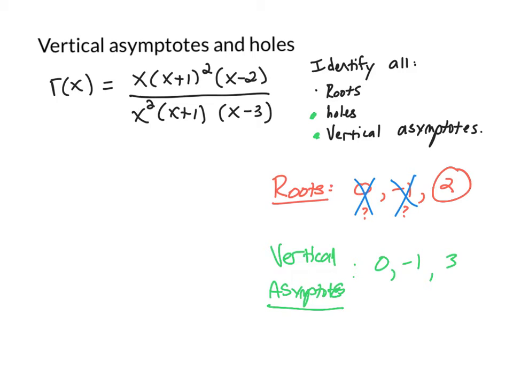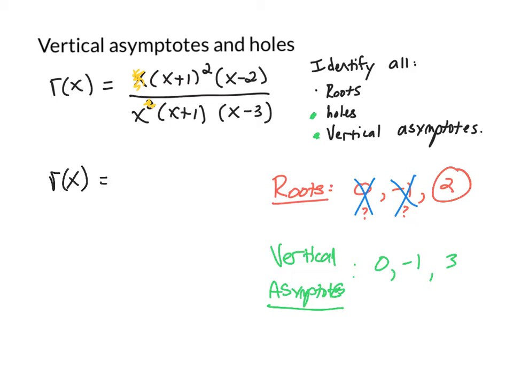So what I'm going to do next is take my function r of x and look at the reduced form. I'm going to come up here and start canceling out things that are in common. This x term cancels out with one of these x terms down here, leaving just an x in my denominator.